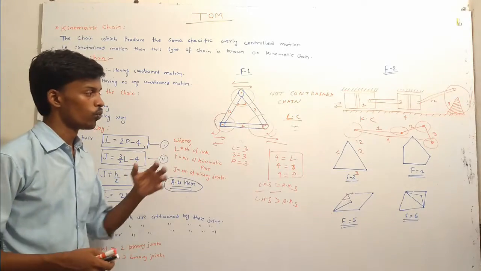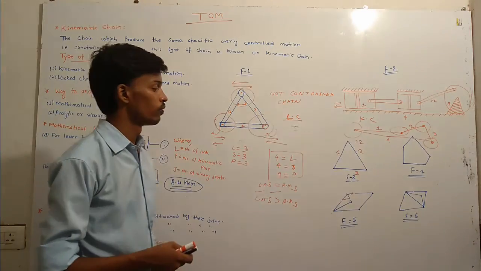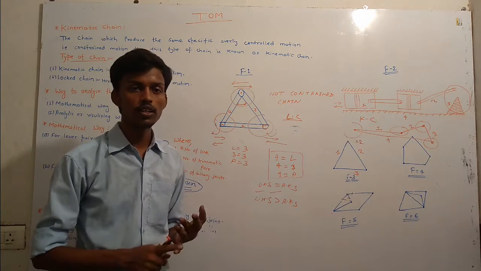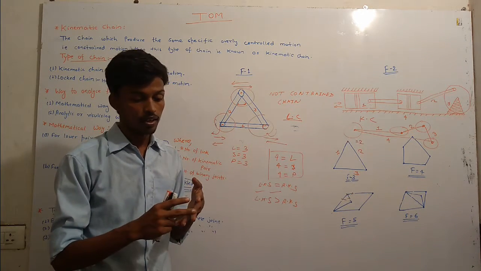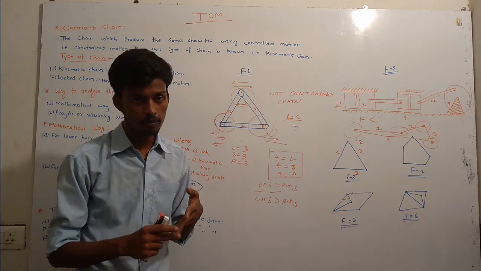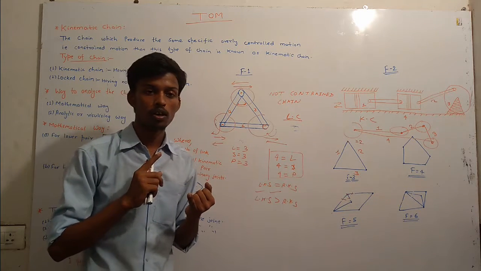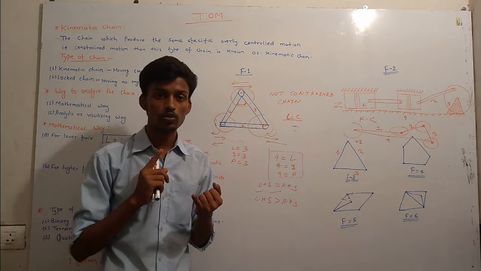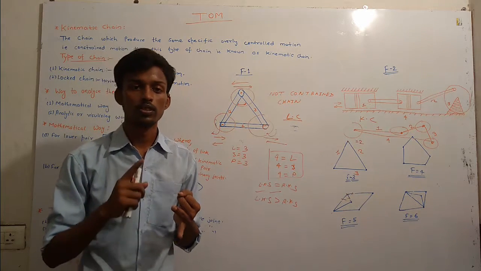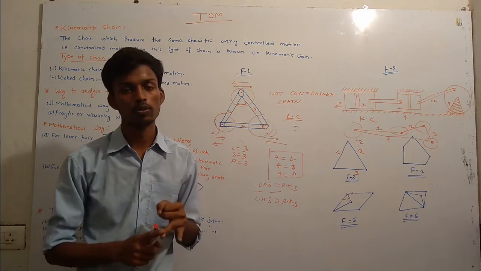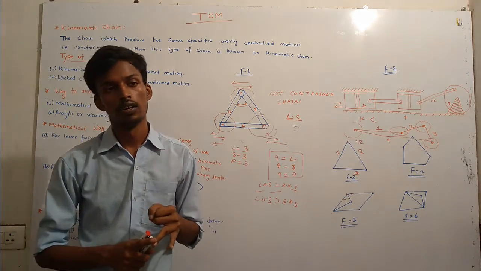So we have to find out the relation between ternary and binary joints, and quaternary and binary joints. That is, how many binary joints are required to replace a ternary joint, and how many binary joints are required to replace a quaternary joint.